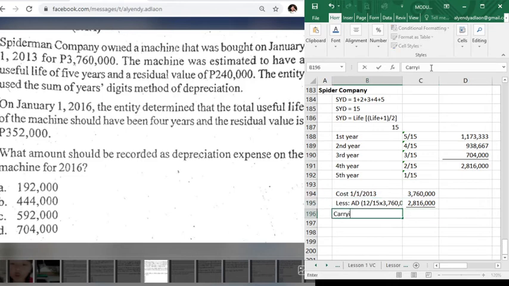So, for the carrying amount, that is the carrying amount on December 31, 2015, we have 3,760 minus 2,816, we have 944.